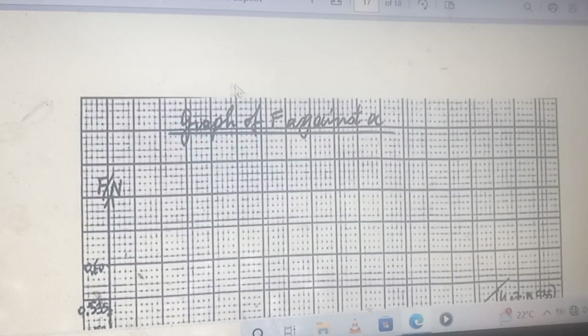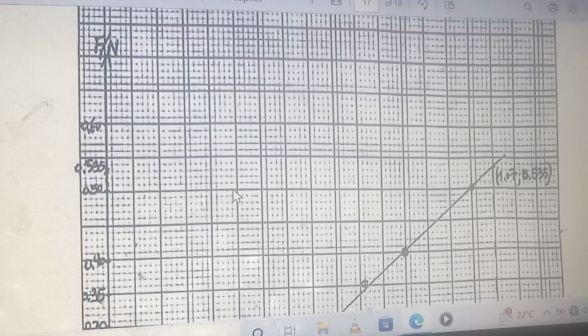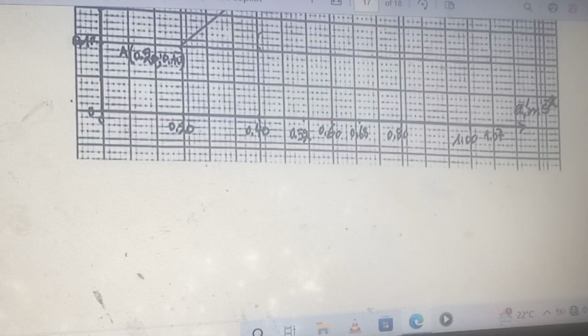If we say a graph of force against acceleration, it means force is on the y-axis, and you write force on the y-axis with its SI unit, and acceleration on the x-axis with its SI unit, and also show where the origin is. And also make sure you scale with equal intervals, a uniform scale.